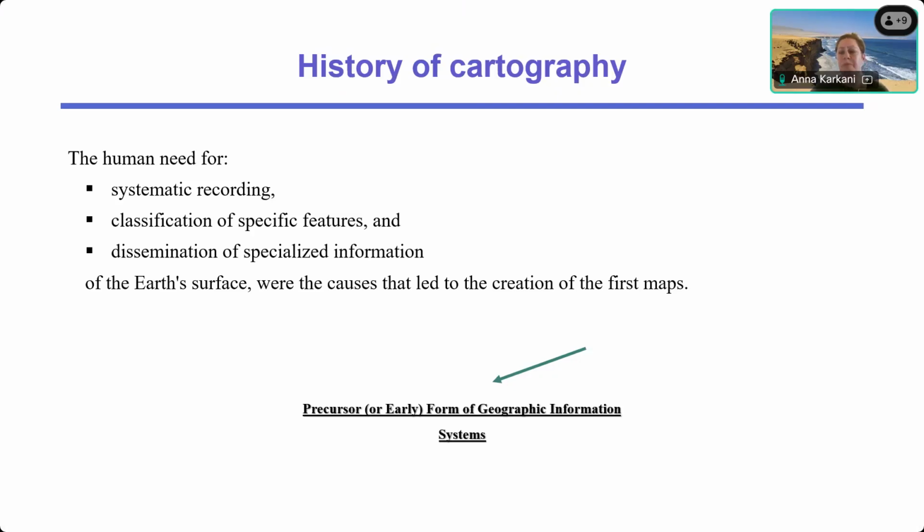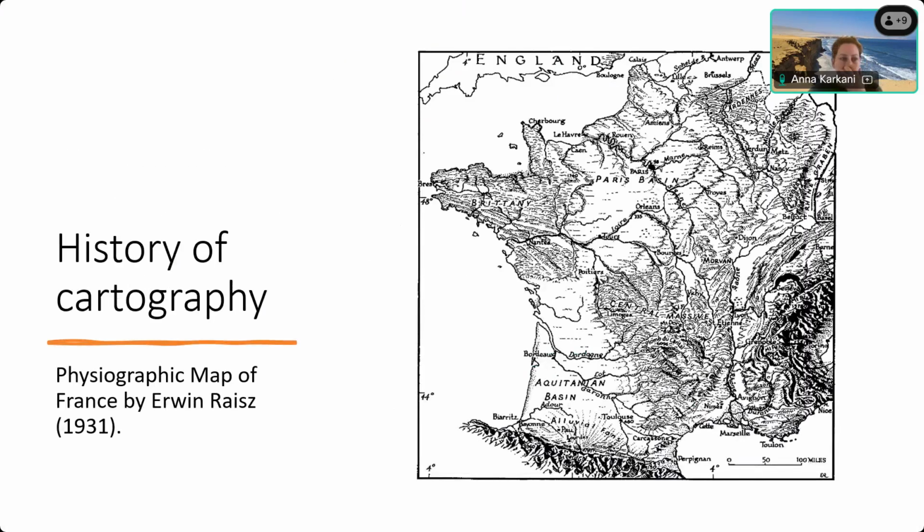But in any case, if we have a look at the history of cartography, we can find different maps, different ages of maps, of course, but I just chose to show you some examples here from older maps. So this is from a Hungarian American cartographer. It's a quite famous example of cartography.